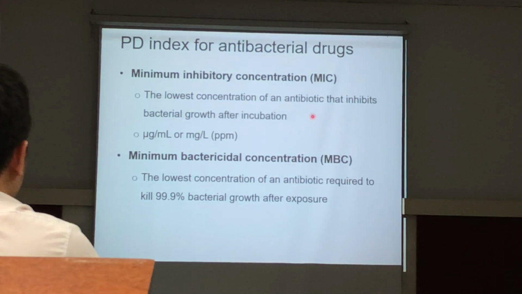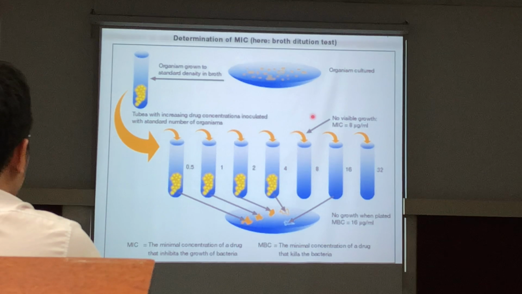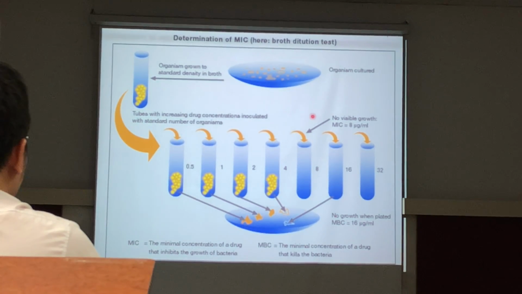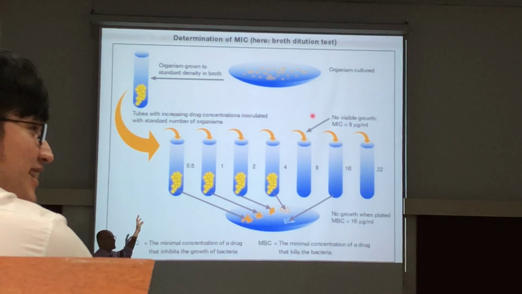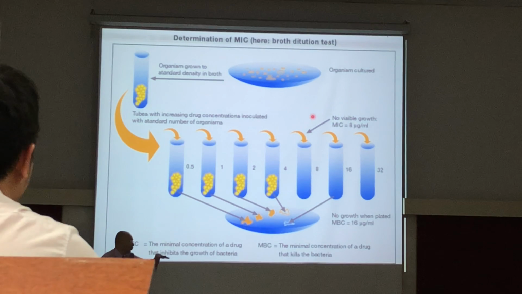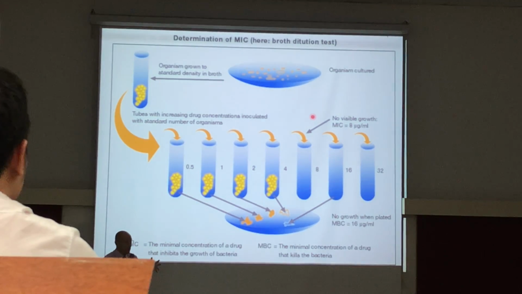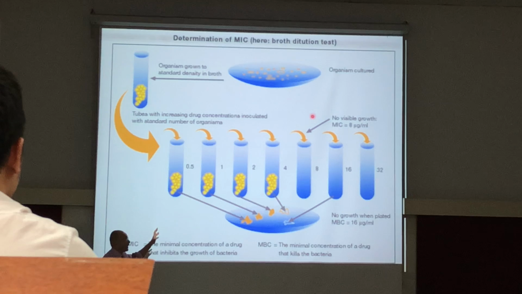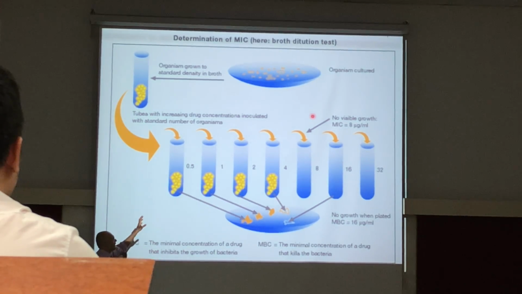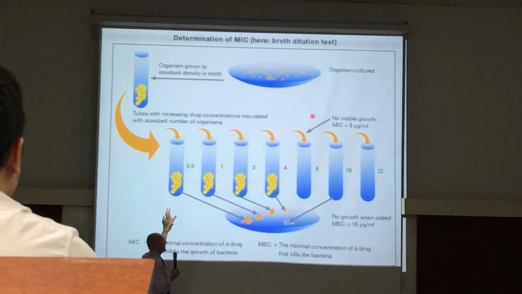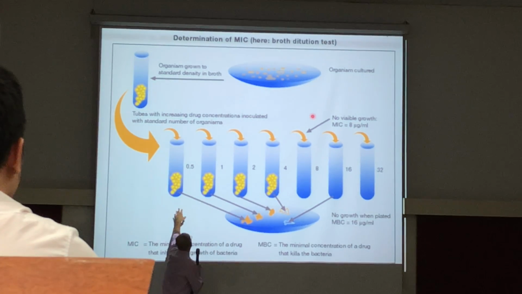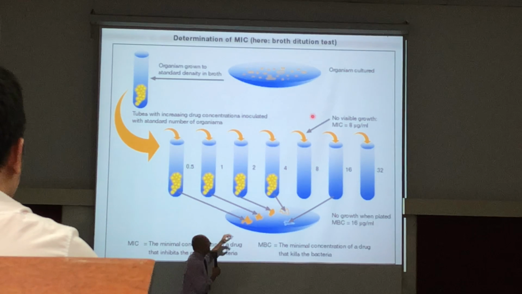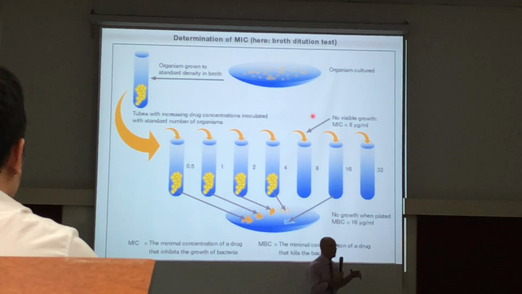How can you calculate the MIC? If you remember, no, you don't remember. By the way, it's something that you can do in the lab, not you, but there are some labs that can do it quite easily. So the bacteria are diluted in these tubes. You can see these are bacteria, incubated for 24 hours.